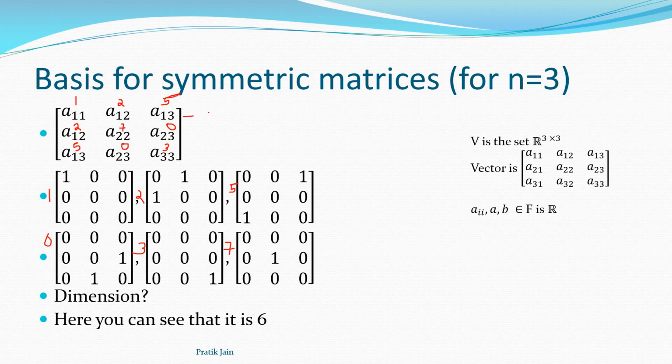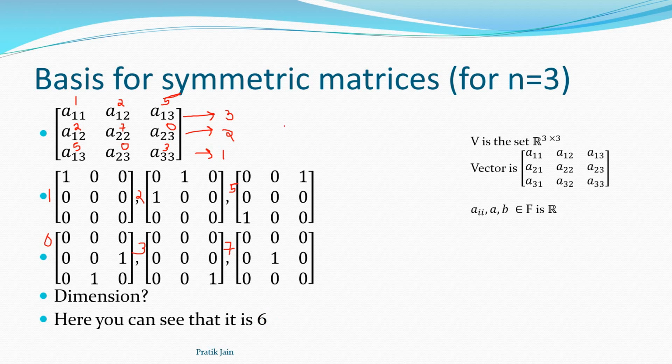Over here in the first row, you have 3 free variables, that is 1, 2, and 3. And in the second row you have 2 free variables, A22 and A23, because this becomes fixed. And in the third row you just have 1, right? Because it is just A33. And 3 plus 2 plus 1 will give you 6, right? So this is how we got 6 over here, the dimension for a 3 cross 3 symmetric matrix.